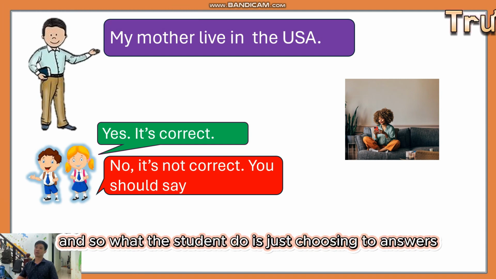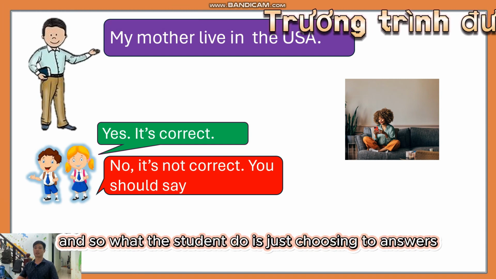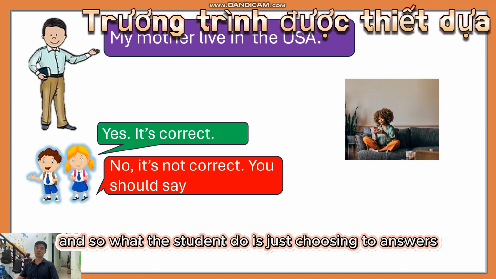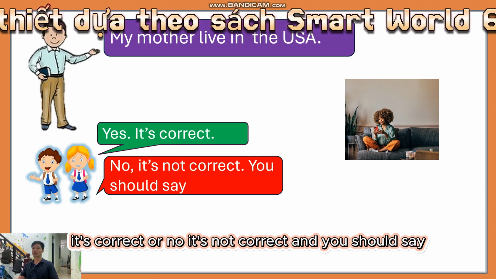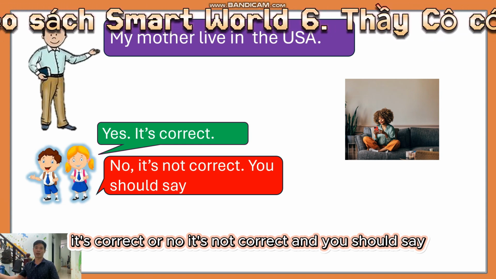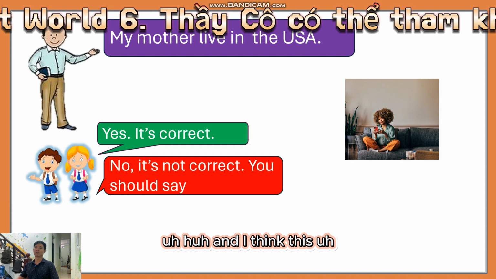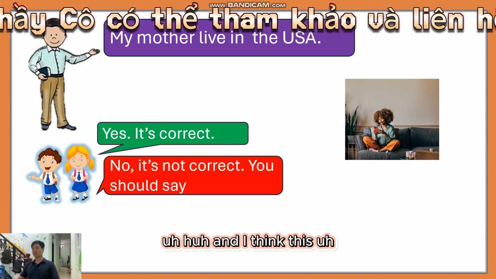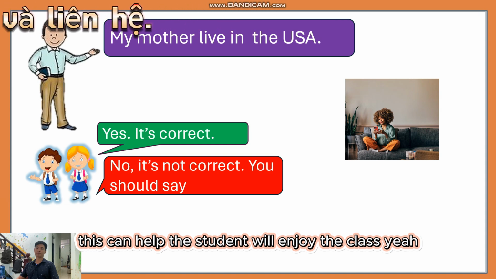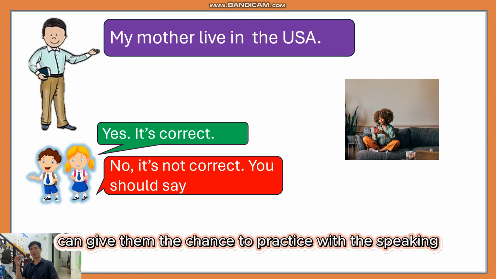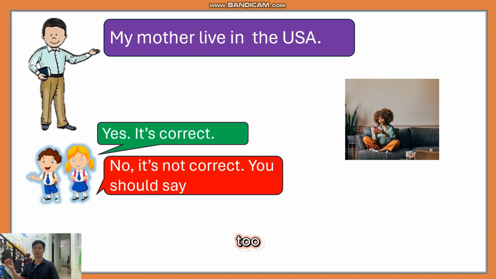And what the students do is just choose between two answers: yes, it's correct, or no, it's not correct. And you should say, uh-huh. And I think this can help the students enjoy the class, and can give them the chance to practice speaking too.